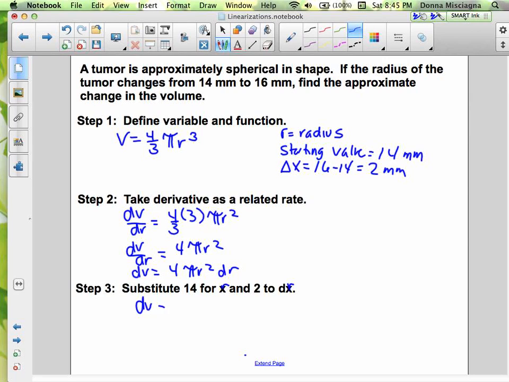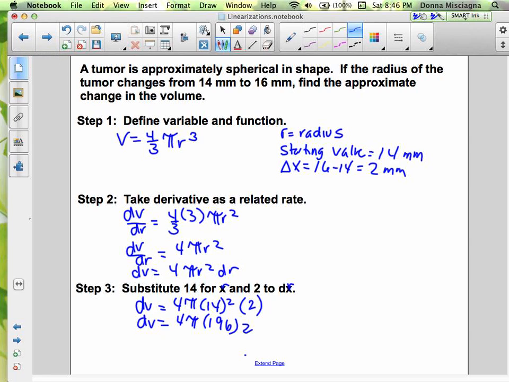So the increase in volume is going to be 4 times pi times 14 squared times 2. And that's going to be 196 times 2, so 196 times 8. It got dark in here. I have one light on, and as I move, it goes out.